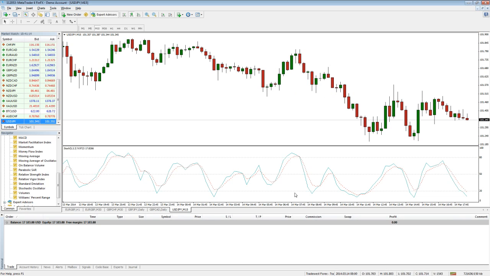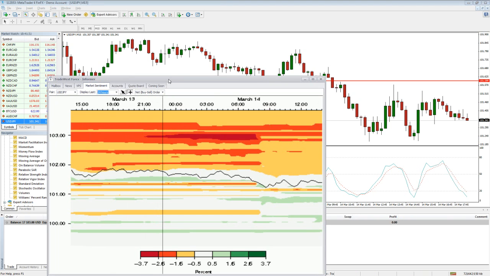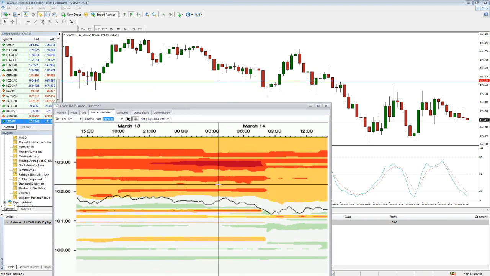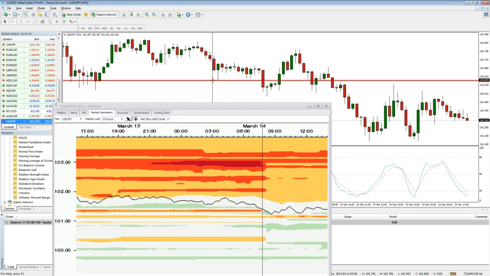Okay, so let's see what a setup would have looked like. Here's one right here. Oops, not that point, right over here. Okay, there you got the below the 20. It formed, gave the breakout, pulled back, and broke out further. But let's check the sentiment on that for you, just so you can see if there were any significant buy orders sitting at that price at that time.